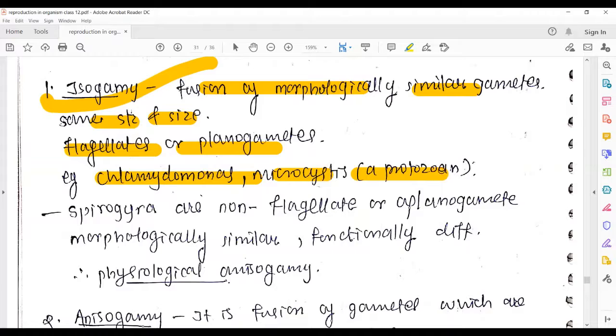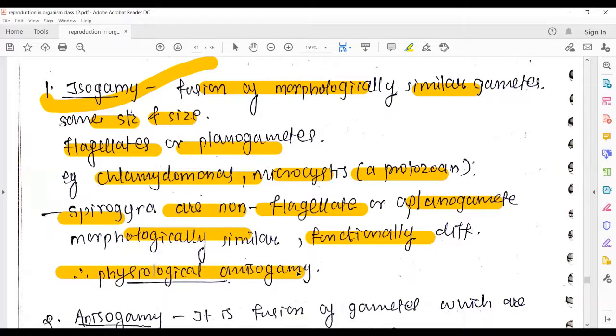It is a protozoan. Next, Spirogyra are non-flagellated because they are filamentous structures, so they are called aplanogametes. Now see, they are morphologically similar but functionally different. Therefore it is also called physiological anisogamy. What is it called? Physiological anisogamy.